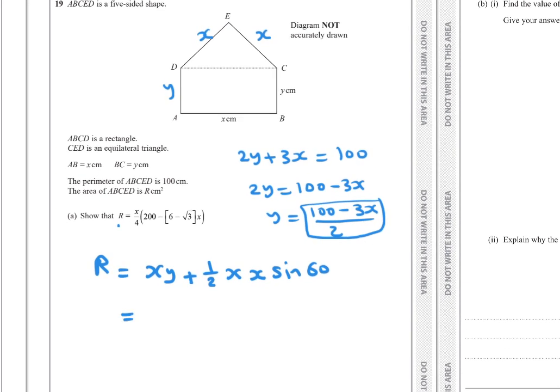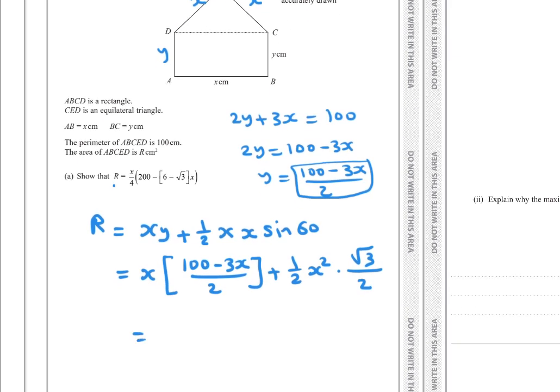So x times y, and we have y in terms of x, which is (100 minus 3x) over 2, plus half x squared times sine 60, root 3 over 2.